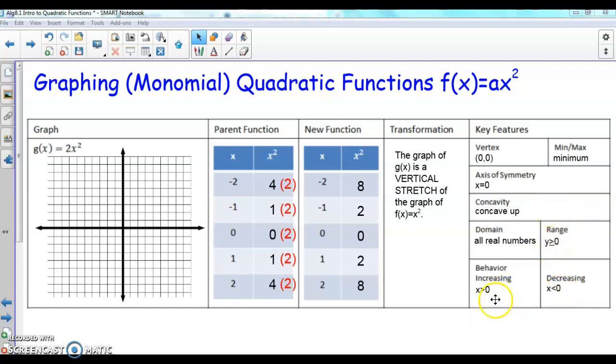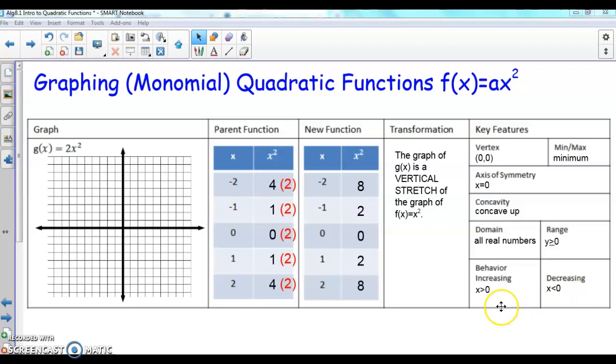Now these values are also the x coordinates of your vertex. So the behavior of the graph is increasing when x is greater than 0, and it is decreasing when x is less than 0. These two portions at the bottom can be easily verified once you have the graph already.